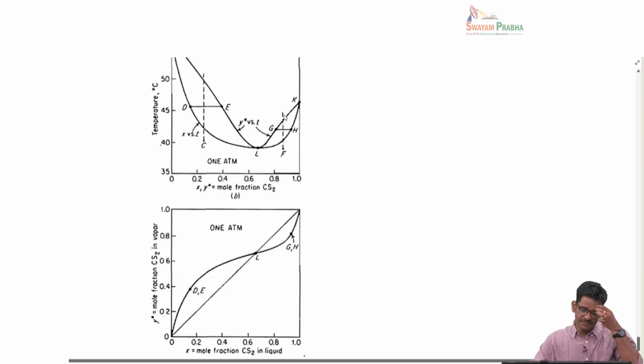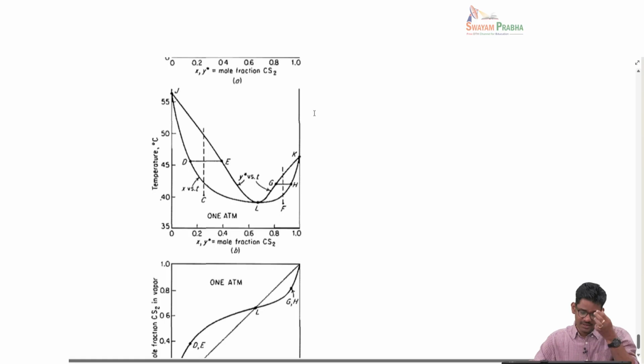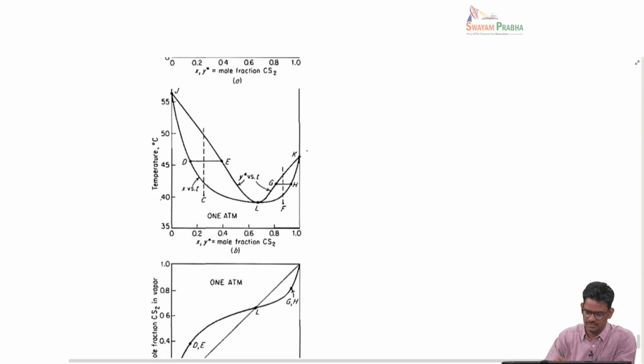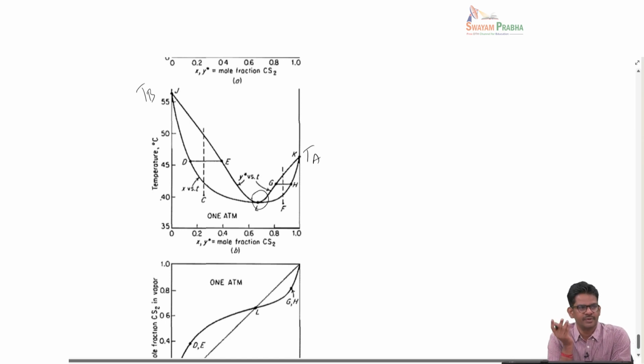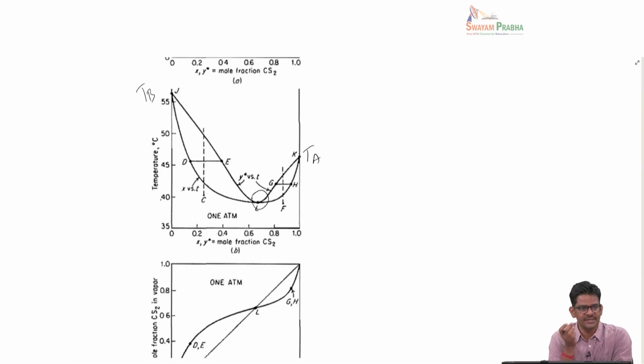Here you can see the boiling point TB and boiling point TA. You could have some composition where the vapor and liquid compositions are essentially the same, and it boils at a temperature less than TA and TB. If you have a binary mixture following Raoult's law, the boiling points will change from TA to TB, that is a range.